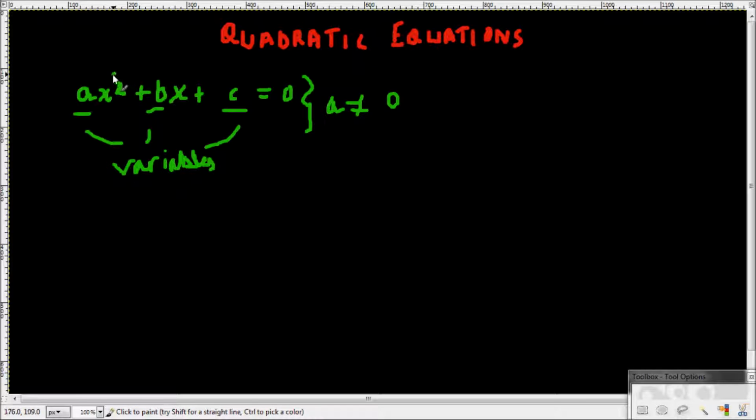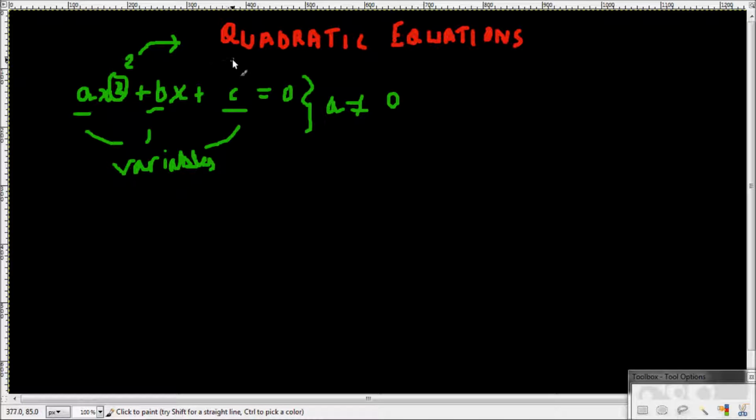So in this case, you can see over here the highest degree is clearly 2, which is any equation whose highest power is 2, which means its degree is 2, is called a quadratic. Similarly, if it's 3, it's called cubic. If it's 4, it's called biquadratic. What you've been doing so far, where the highest degree is 1, that is called linear.